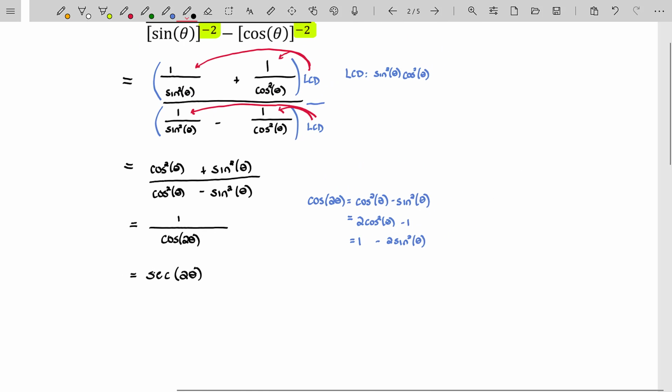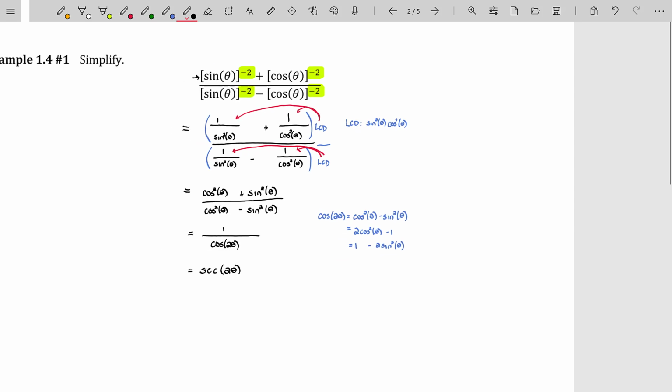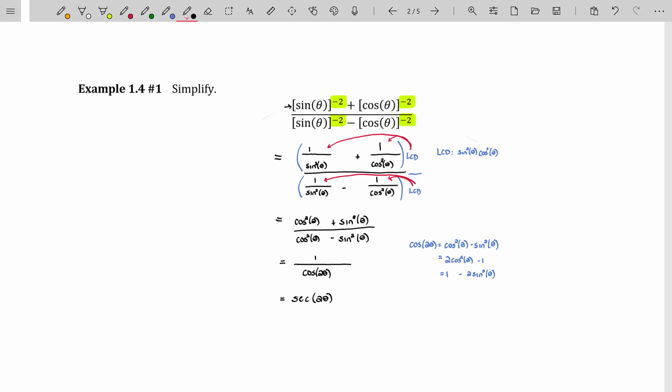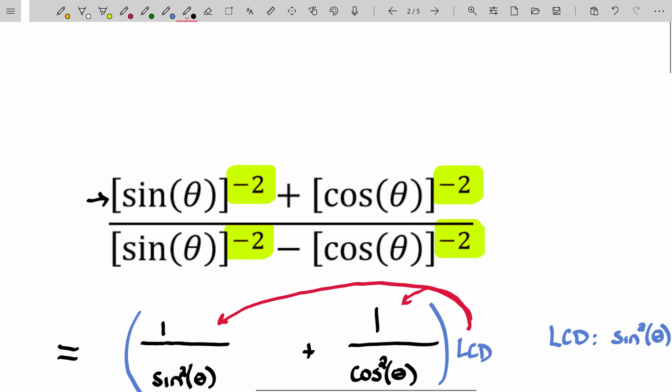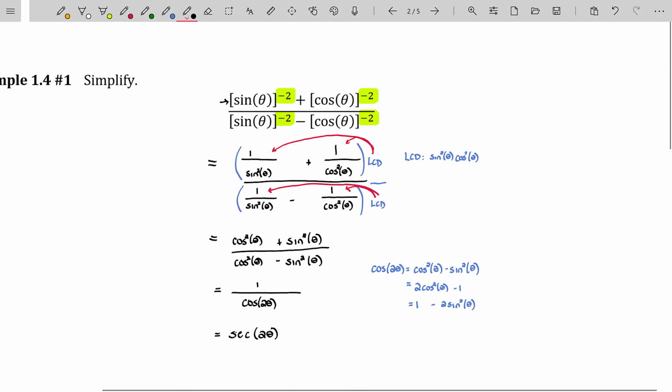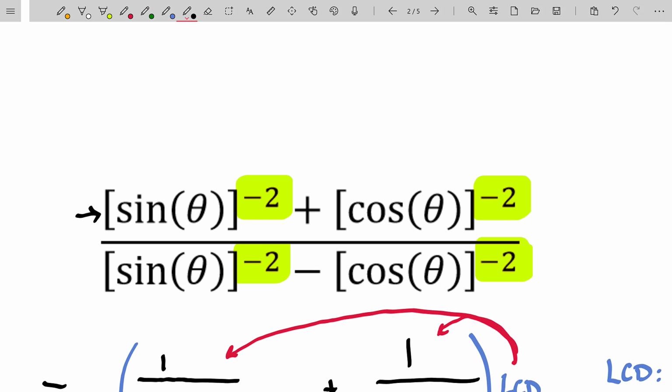What's kind of neat about this statement up here is that we were handed something kind of ugly to begin with, and we were able to compress that down into the secant of 2 theta. That's a really neat way of doing that problem.